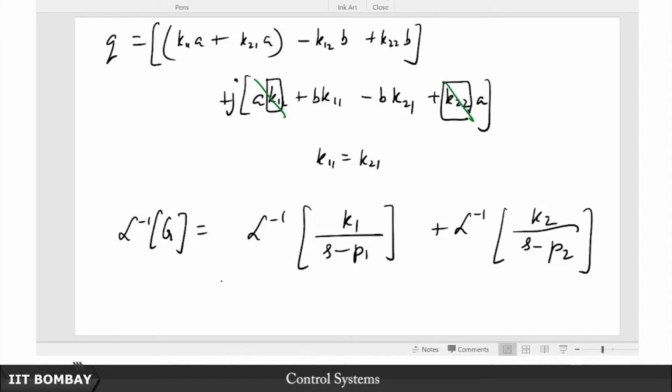If I do not care about the fact that k1 and p1 are complex, I can just use the same result that I had used earlier, which is that this is nothing but k1 e to the p1t plus k2 e to the p2t.